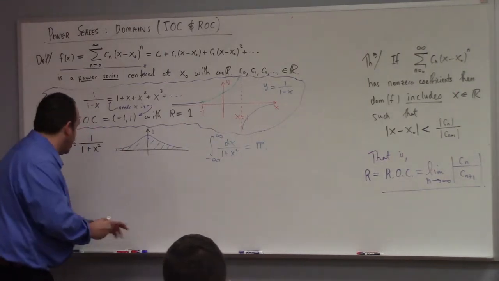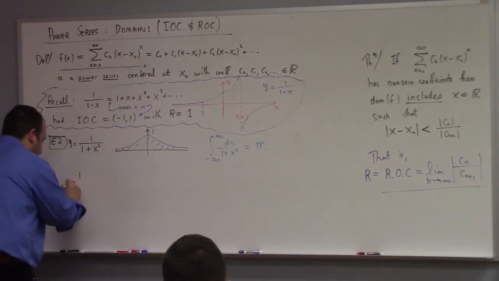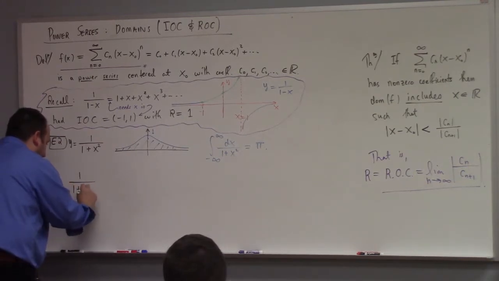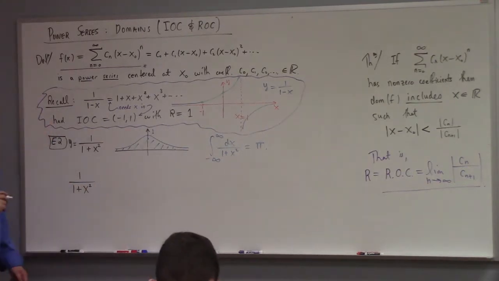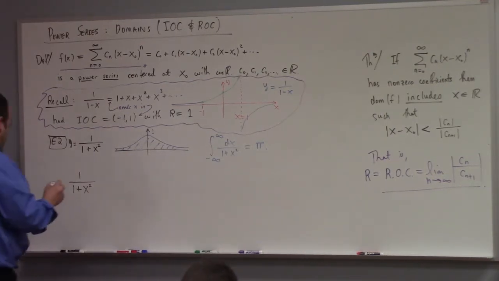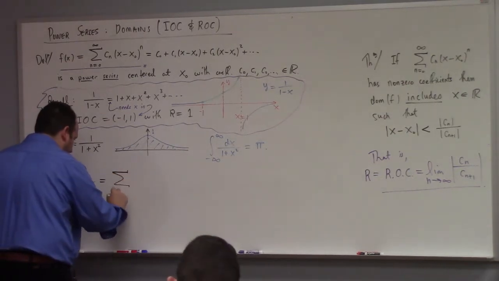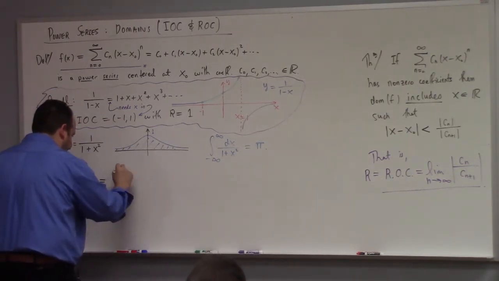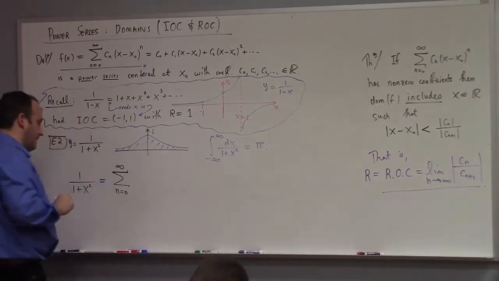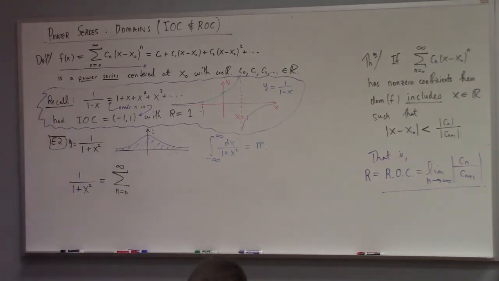So check this out. Can you guys find the power series for 1 over 1 plus x squared, centered at 0? What would it be? Use your imagination.